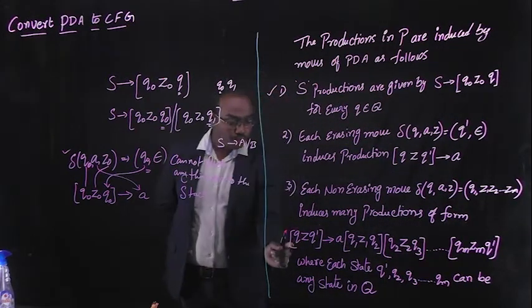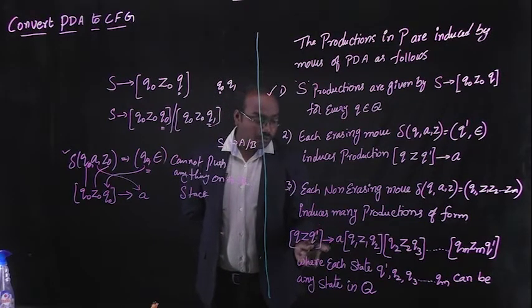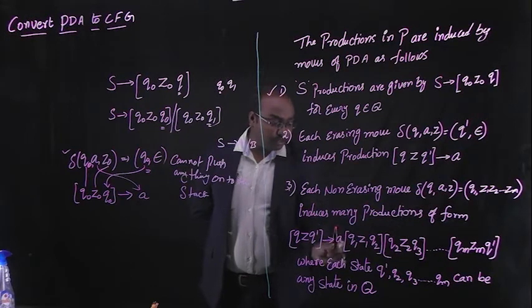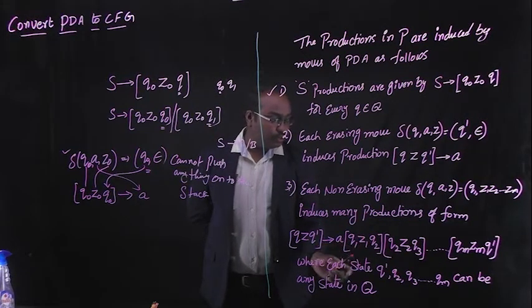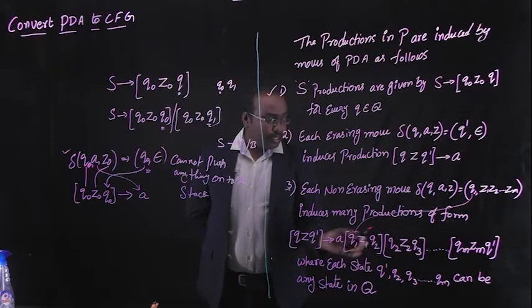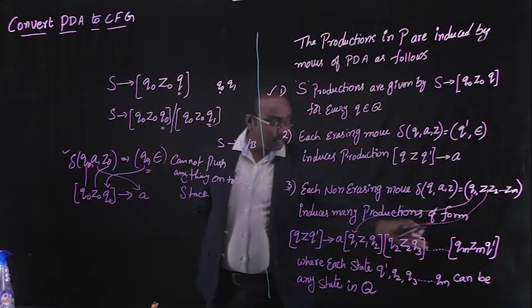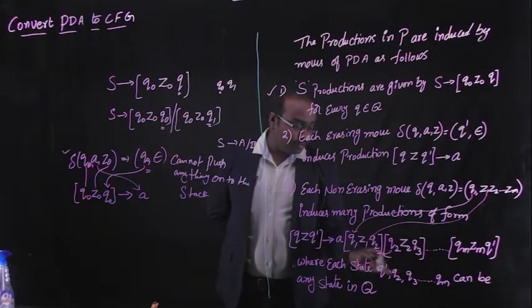So [q Z q'] tends to the input symbol a, and [q1 Z1 q2]. So this is the q1, and Z1 is the stack symbol, and these are the states.